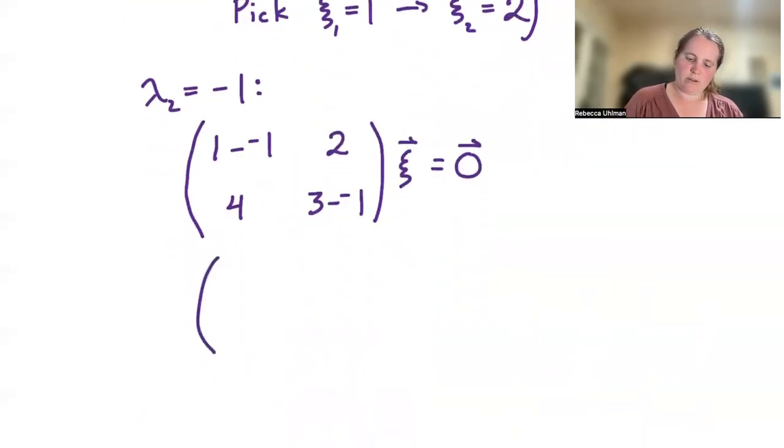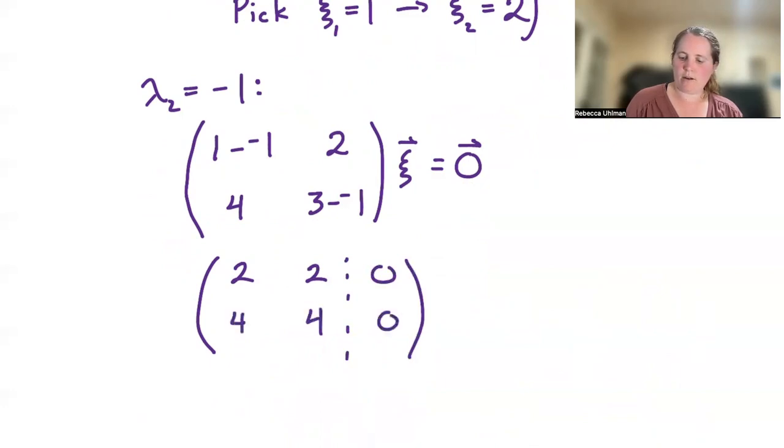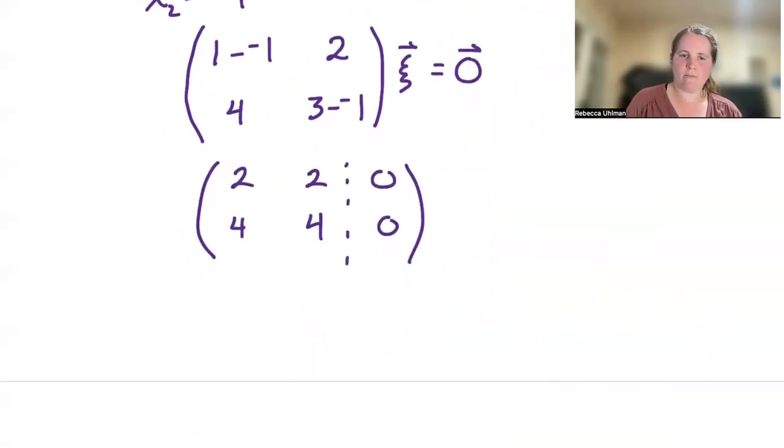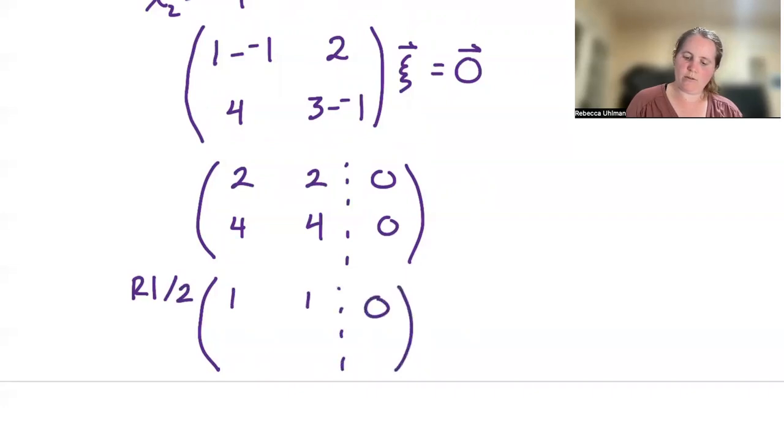This matrix simplifies to 2, 2, and then augmentation 0 for the first row, 4, 4, augmentation 0 for the second row. If we do row 1 divided by 2, we're looking at 1, 1, 0 for the first row. We do -2 times row 1 plus row 2, and we wind up with 0, 0, 0 for our second row.